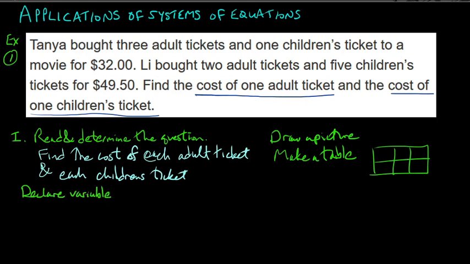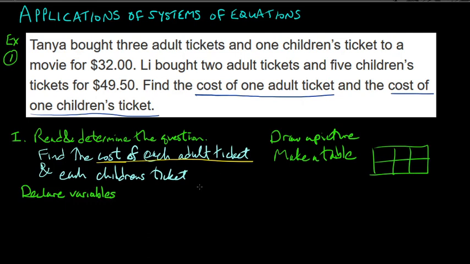In other words, let's just assign a letter to each thing that we're looking for. So what are we looking for? The cost of the adult tickets. So we can use C for cost, but notice that we need the cost of the children's tickets too. So we don't want to use the same letter for both.